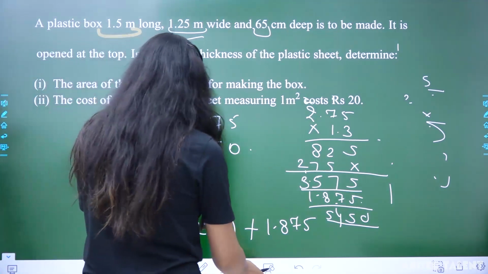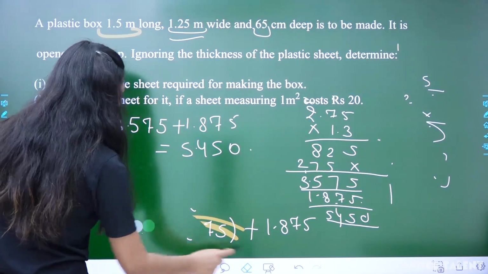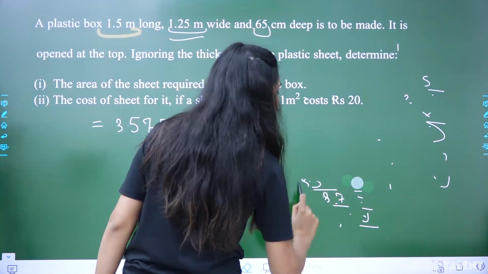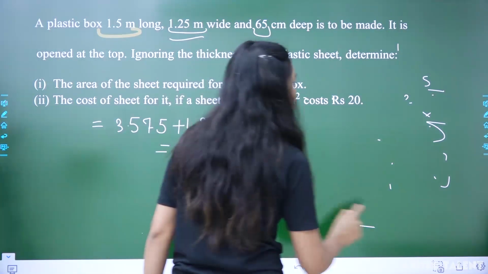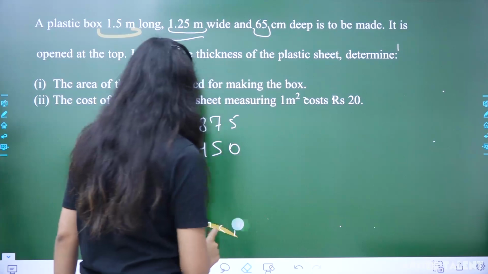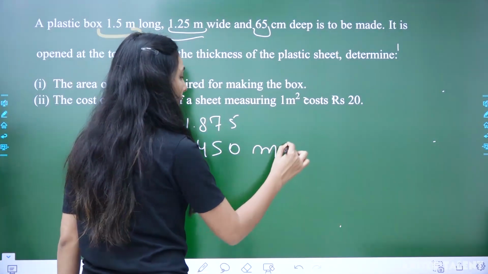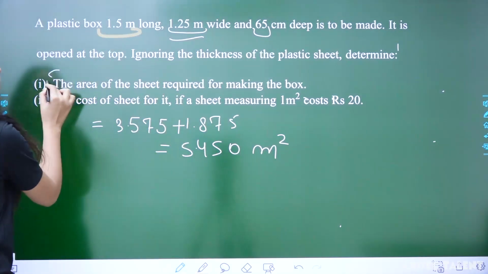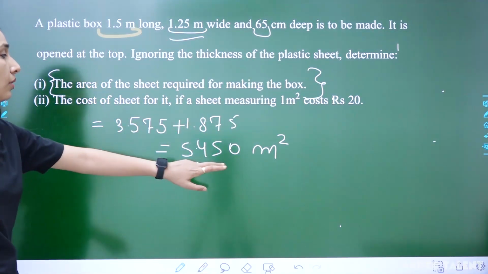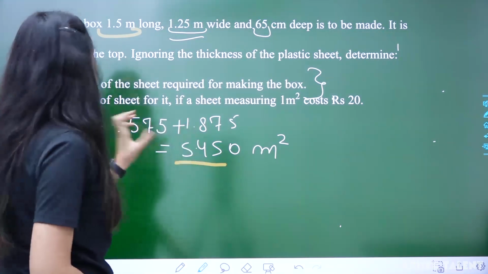Okay, now 5.45 is the area. Okay, so this is going to be the area. Now if it's an area, it will be in meter square. So the required area of the sheet for making the box equals 5.45 meter square. Okay, this is the first thing.